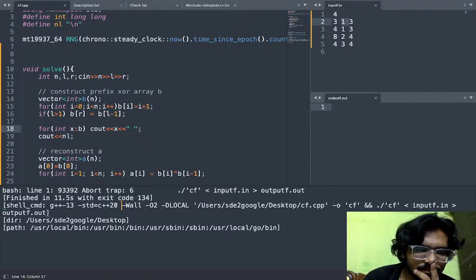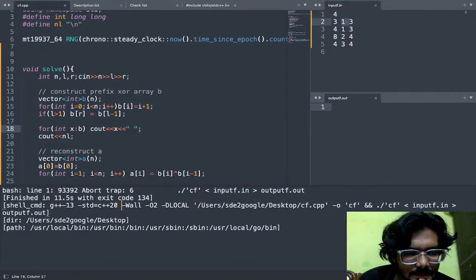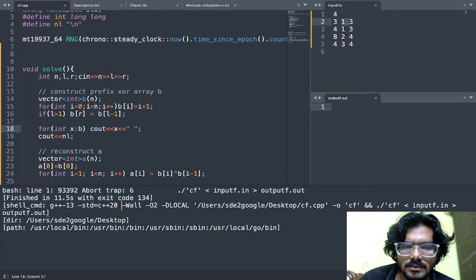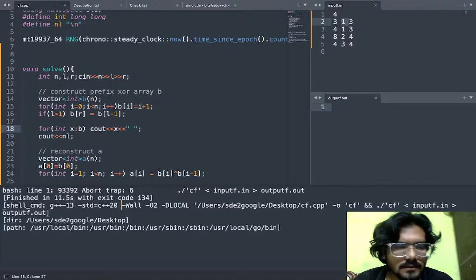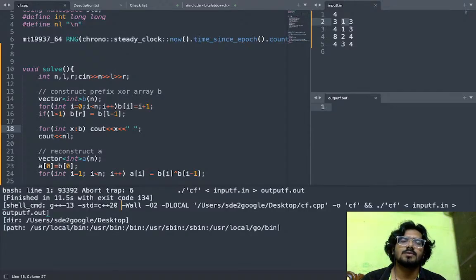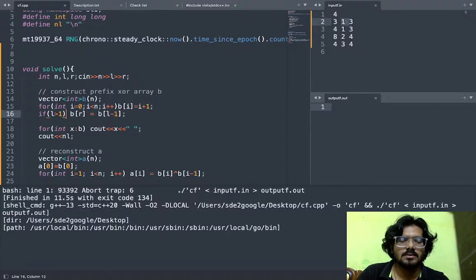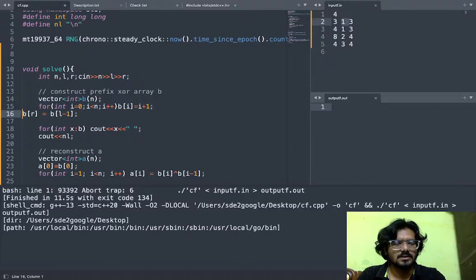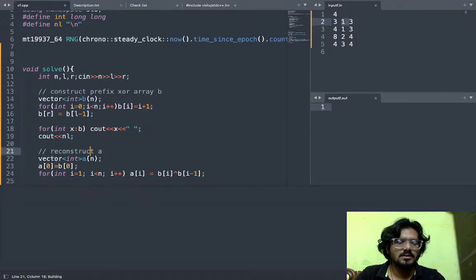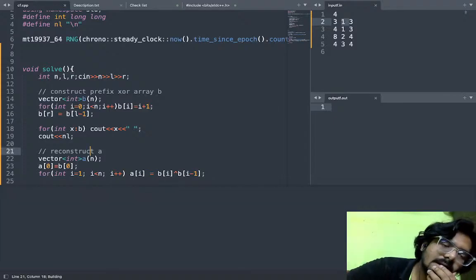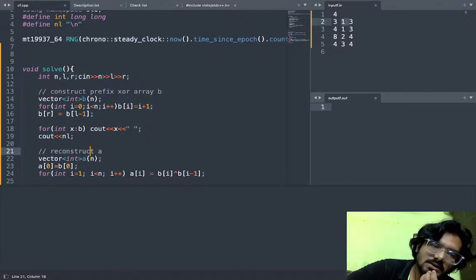Crap. As soon as I'm trying to print B it's getting out of bounds. So yeah, I need to first put that it is more than or equal to 1. Oh, then we are accessing B0, right? It's 1. This is not necessary, I guess, because it can be 1 and 1 minus 1 is 0 and we have 0.